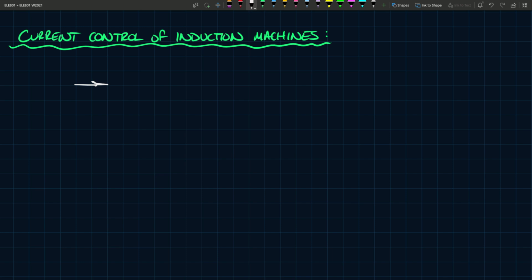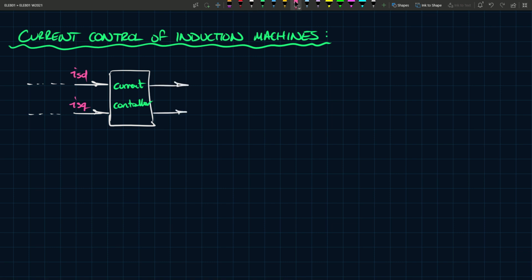So, a brief review of what we've done so far: we've seen ISD and ISQ, and again, these came from the machine model, or whatever you want to call it. So this is ISD and this is ISQ, and this is what we're trying to do today. In this video, you have a current controller, and the output of this current controller should be VSD and VSQ.